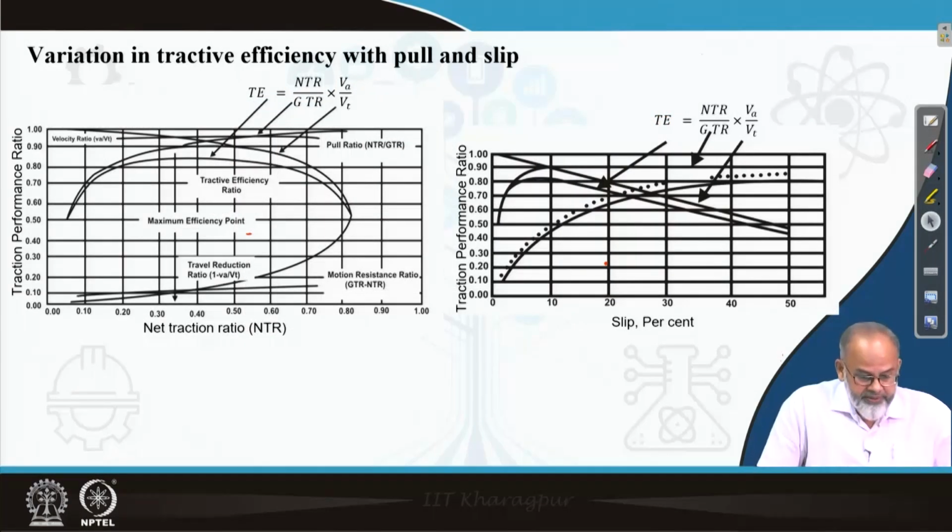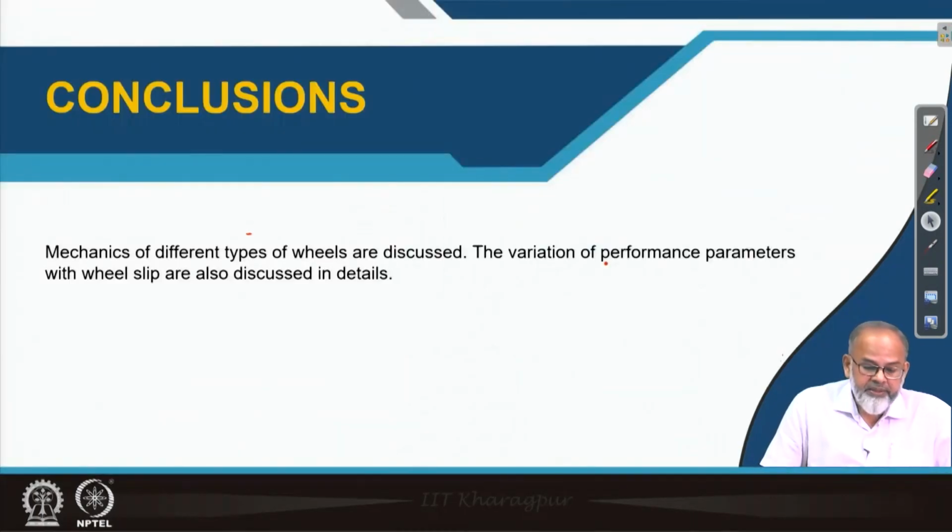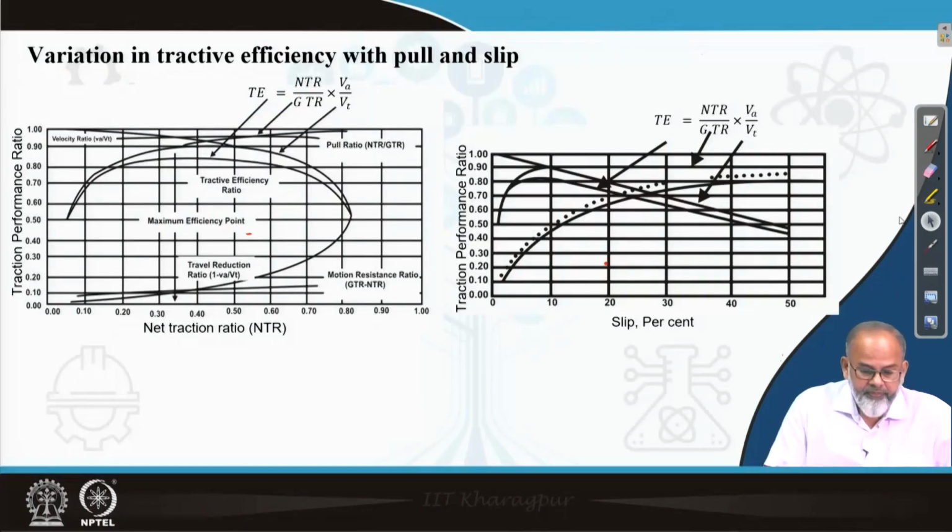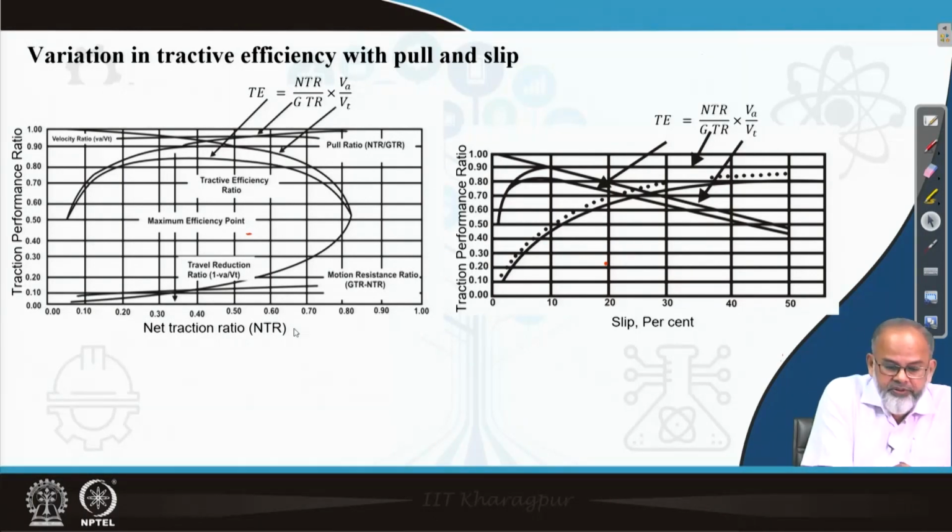Now I have plotted the traction performance ratio, that means NTR versus GTR, VA by VT ratio. These are plotted against net traction ratio. So this curve, if you look at, the velocity ratio is this curve, it's going down, then the pull ratio, this one, and the tractive efficiency is this curve.